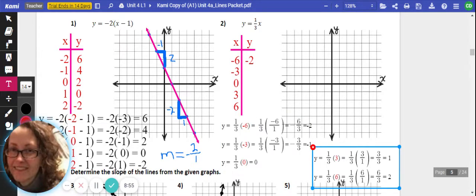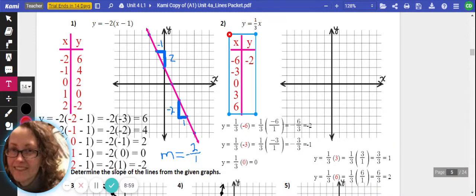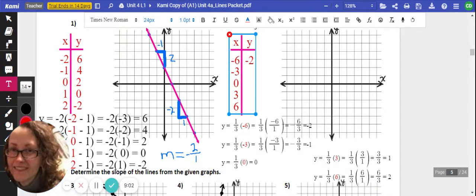Substituting in 3, I get a +1, and substituting in a 6, I get a +2. Again, it's not necessary to change your x values. It just makes it so much nicer when you end up with whole numbers instead of fractions when you're graphing. And then I'm going to put all of these x and y values on my graph.